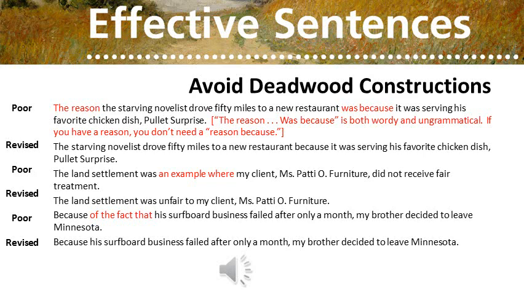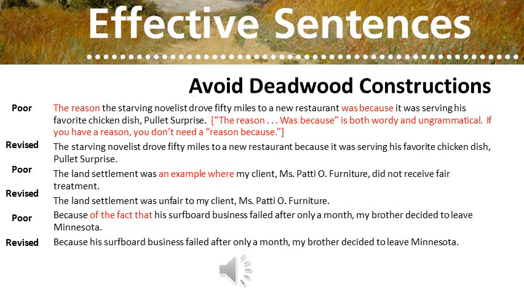Okay, so here's one. The reason the starving novelist drove 50 miles to a new restaurant was because it was serving his favorite chicken dish, Pullet Surprise. Okay, this I see a lot, and I see it also in professional writing, and I hate it. The reason was because, that's redundant. Okay, it's ungrammatical, it's wordy, and if you have a reason, you don't need a reason because the reason is the cause.